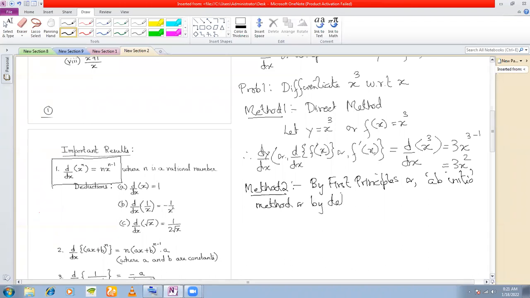Remember these three phrases. So if in the question paper they ask you to differentiate from first principles, remember, they are asking you not to differentiate directly. They are asking you to differentiate by limits.